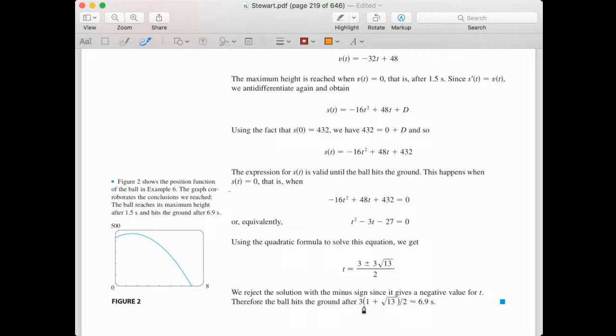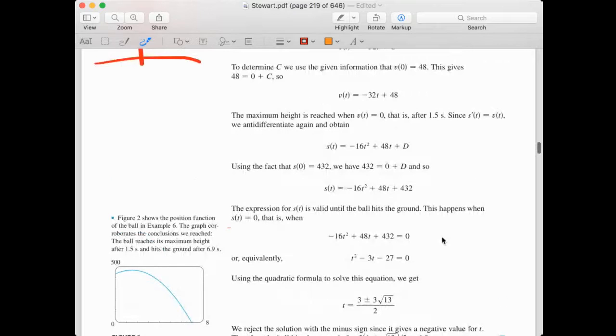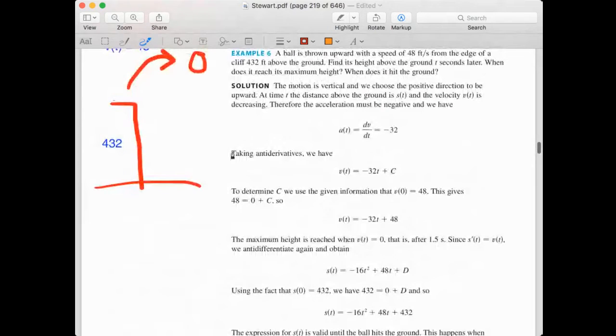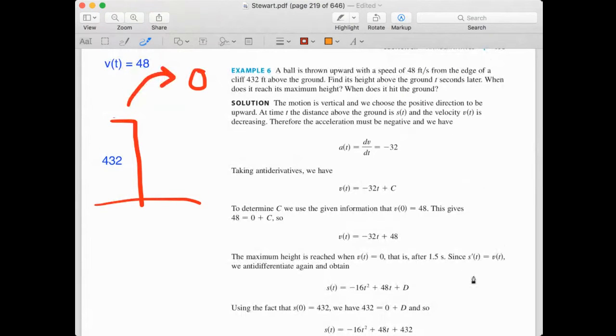And 3 plus 3 square root of 13 divided by 2 is approximately 6.9. So after 6.9 seconds, the ball will hit the ground. This example also used an application. Any questions?